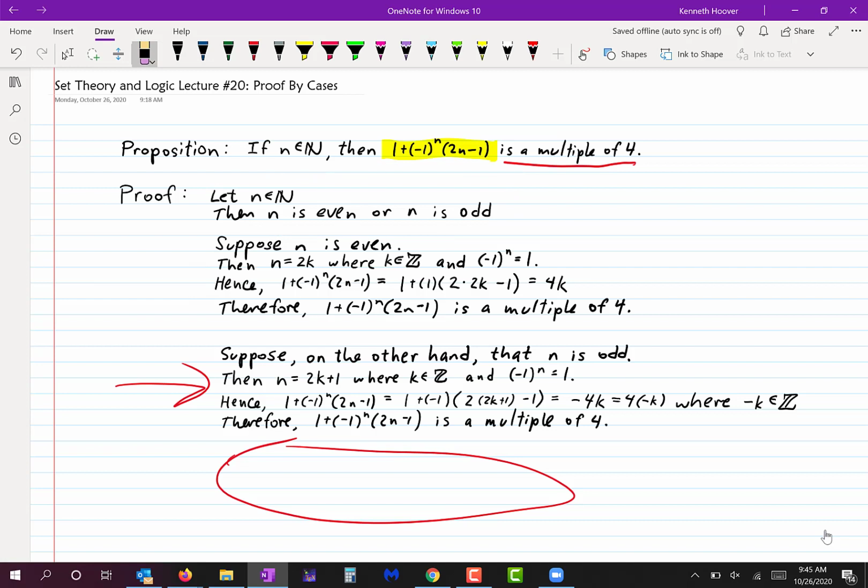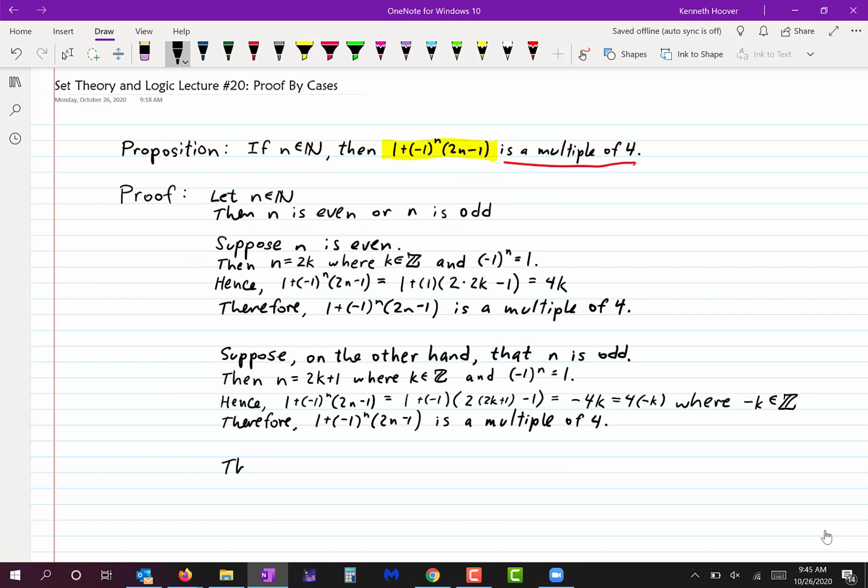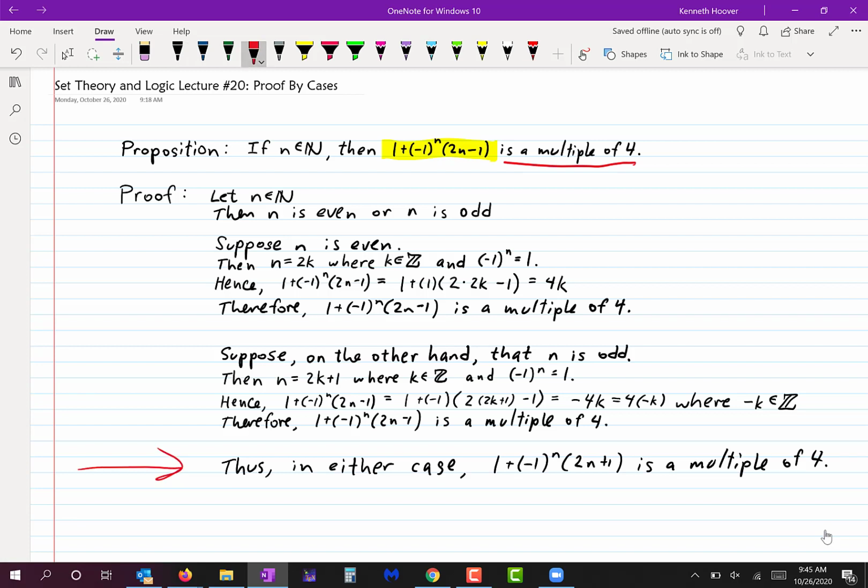If you want to do that, you would say, thus, in either case, 1 plus negative 1 to the n times 2n plus 1 is a multiple of 4. Is that last part necessary? No, but it is nice. So you decide. I'll leave that up to you.